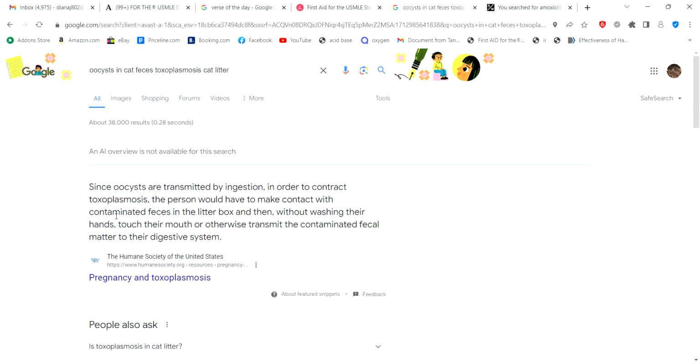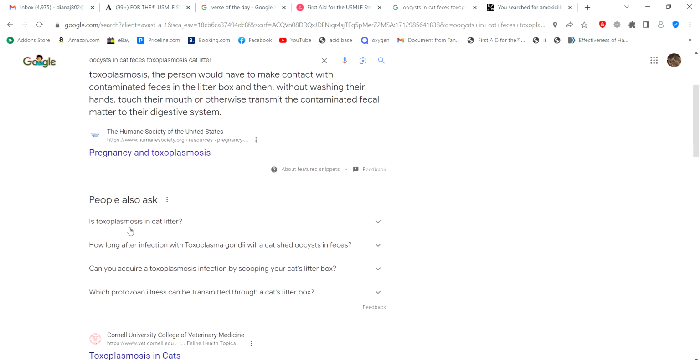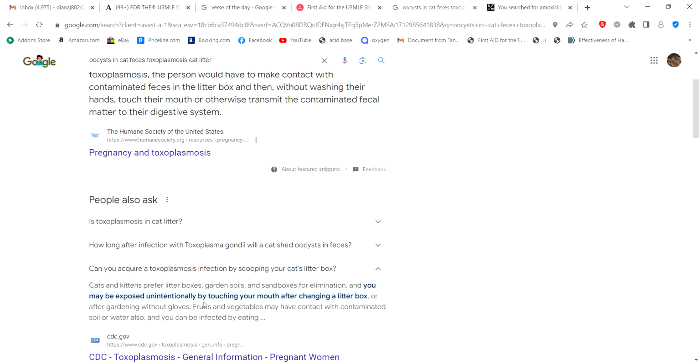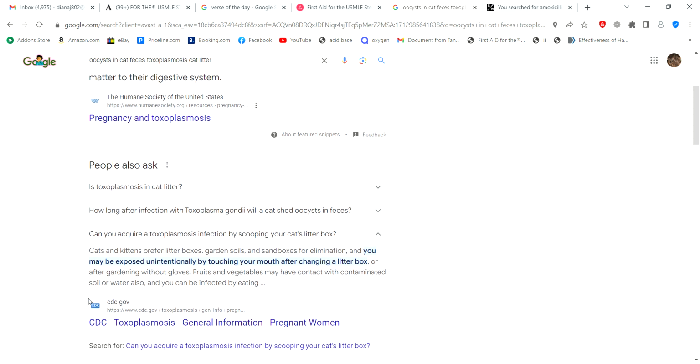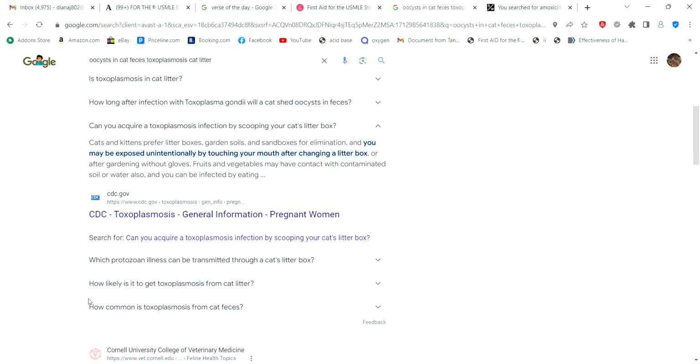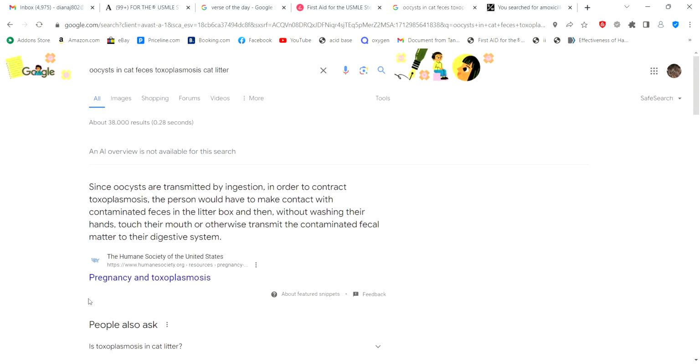I see. So it's by ingestion. You don't inhale it, it's by ingestion. If you touch your mouth after changing the litter box, pregnant women can get it. So you don't inhale toxoplasmosis, you eat the eggs by accident.